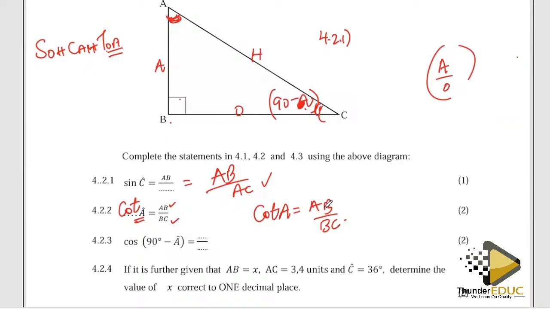So if they want the cos of this angle here, it's the adjacent, because now this will be our adjacent for this angle and this will be the opposite. So it's going to be BC divided by the hypotenuse, which is AC. So probably 1 mark for each within the correct positions.